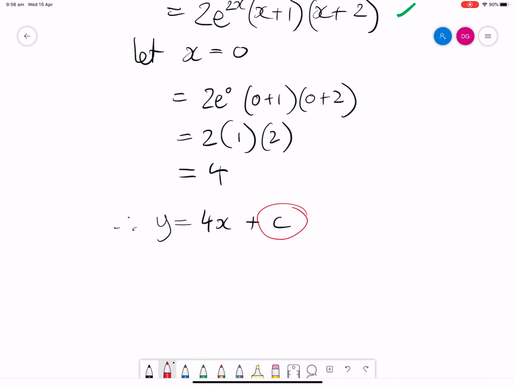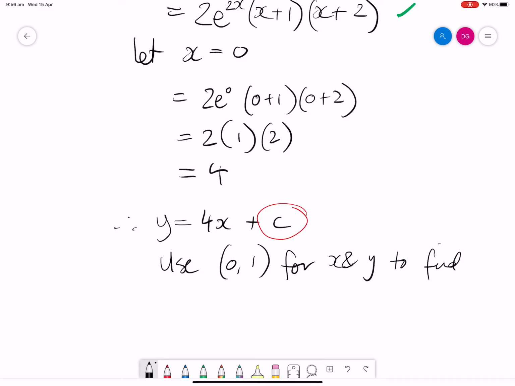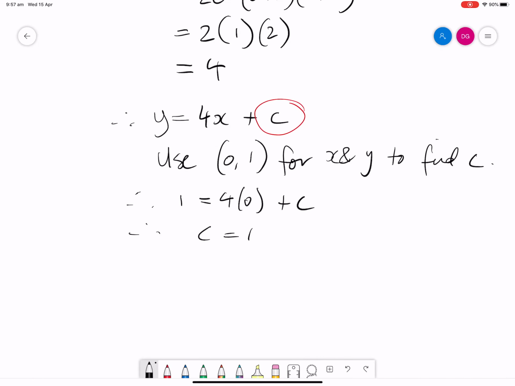Okay, so I'm going to use 0, 1 for x and y to find c. So 1 equals 4 times 0 plus c. Okay, so therefore, c equals 1. And the equation of my tangent, therefore, is y equals 4x plus 1.